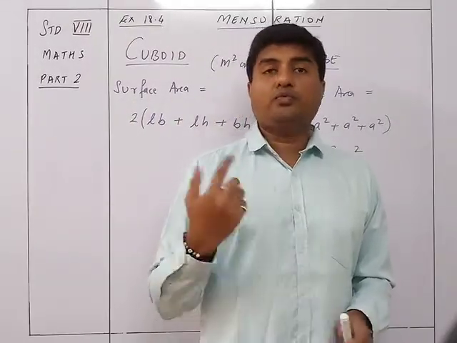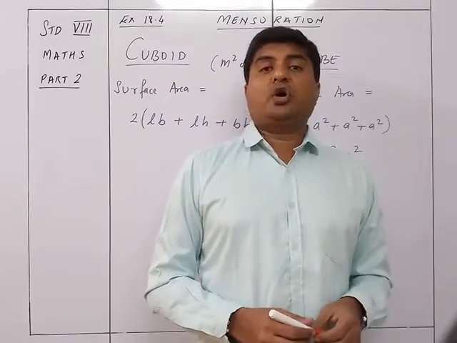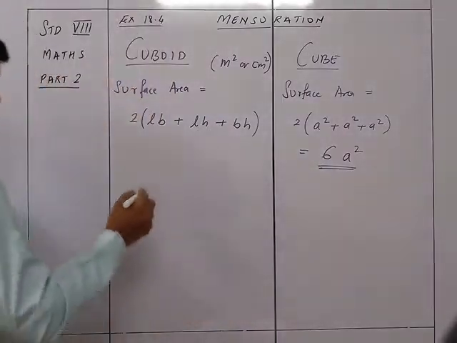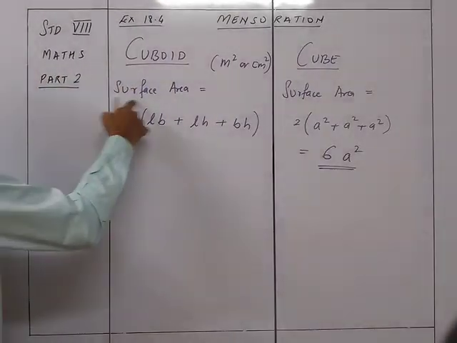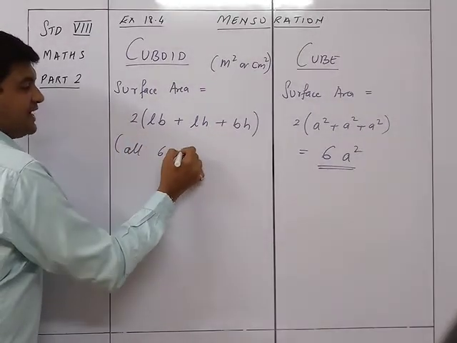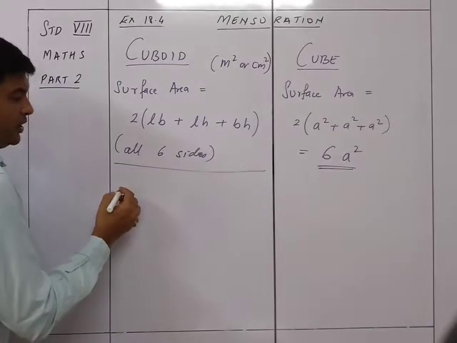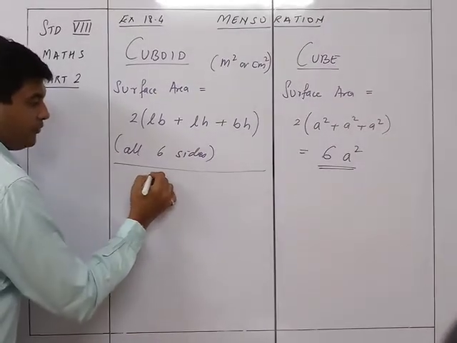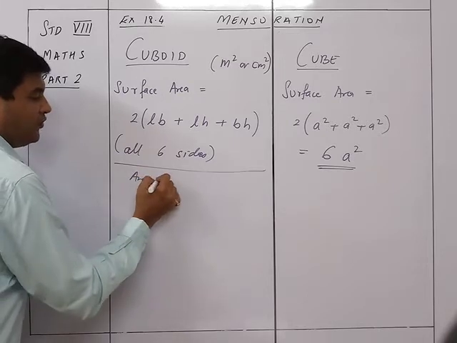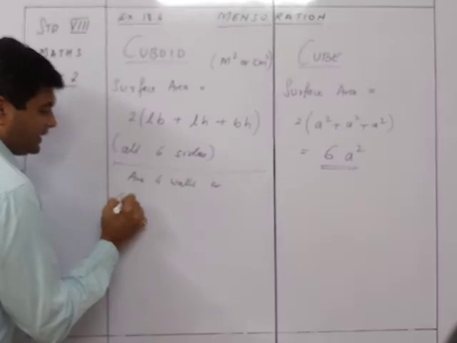When I am finding out the area of the four walls, it is called the lateral surface area. This surface area is for all 6 sides, but if it is for 4 sides, it will be the area for walls or lateral surface area.